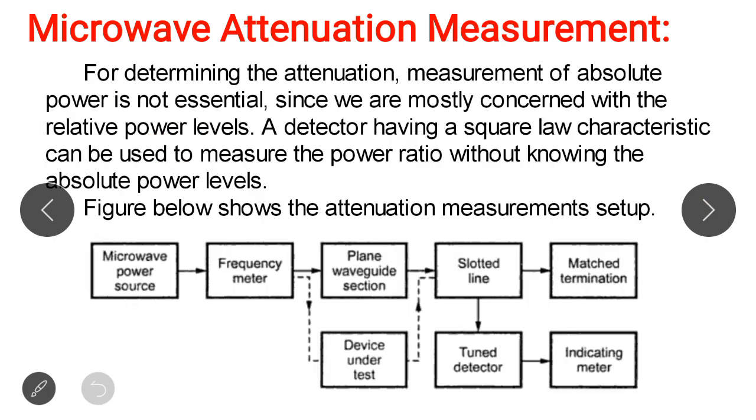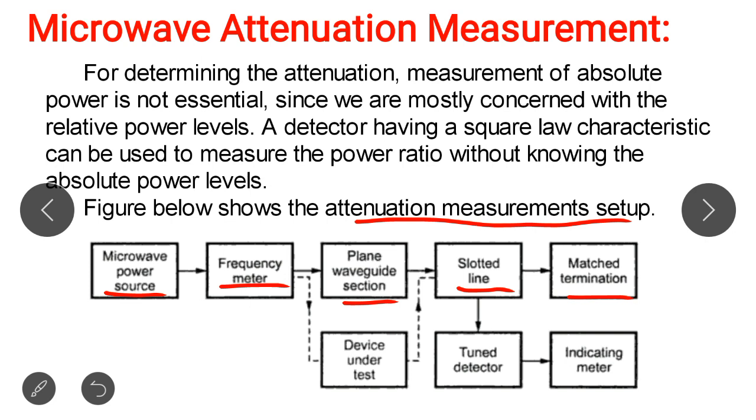Now, this figure shows an attenuation measurement microwave bench setup. Here we have a microwave power source, then a frequency meter, the plain waveguide section, then a slotted line, and a matched termination.